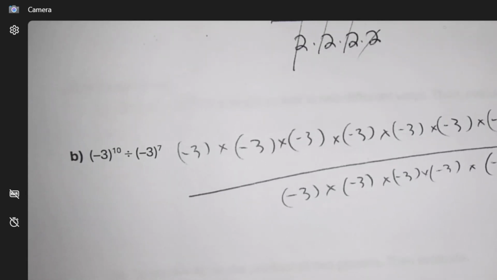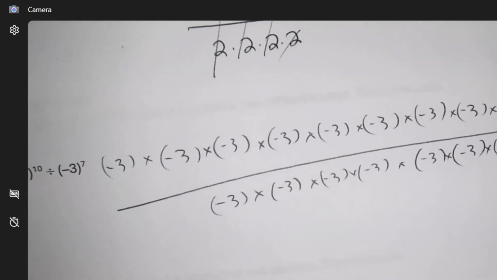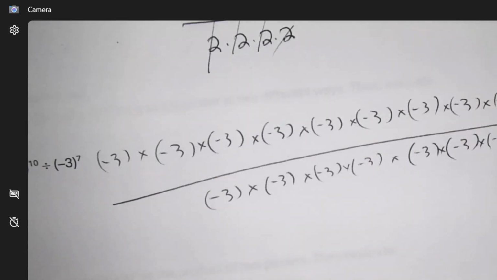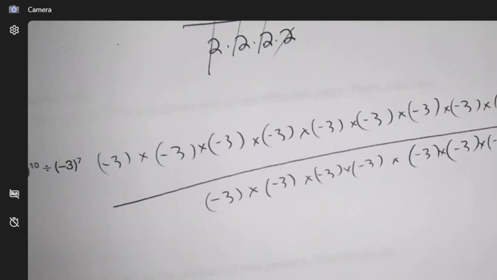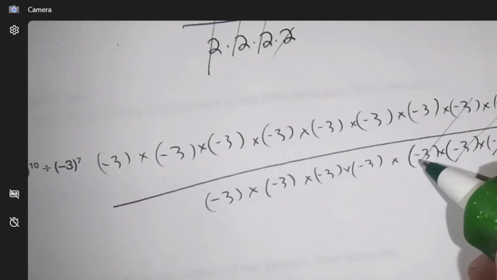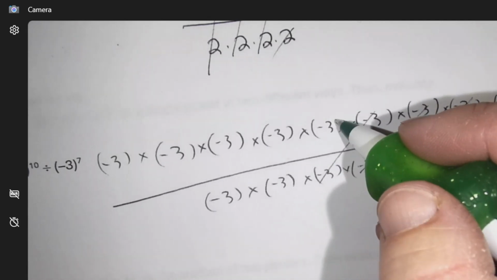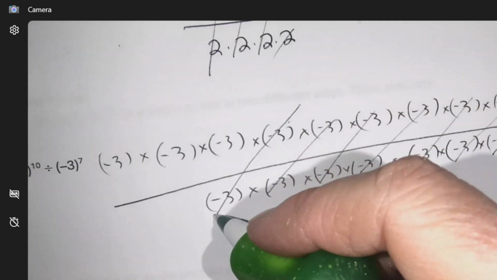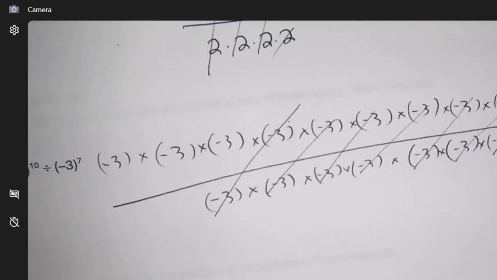Okay. So this is what it looks like. Repeated 10 times, big across the top. Repeated 7 times across the top. Could you cancel partners? Yes. Boom. There should be 7 partners on the division.